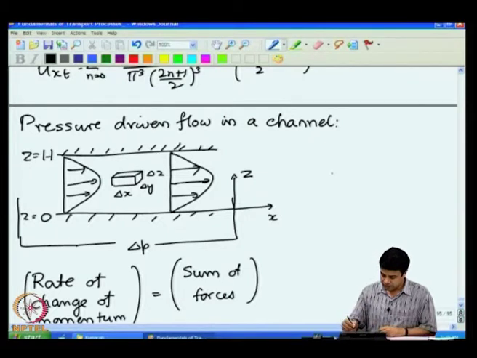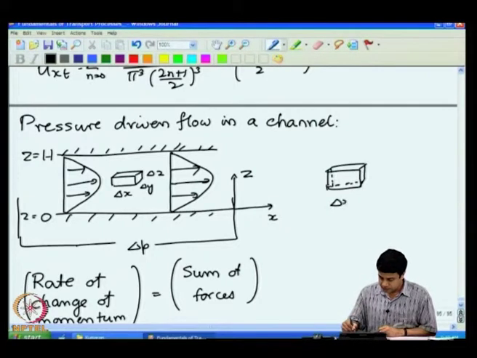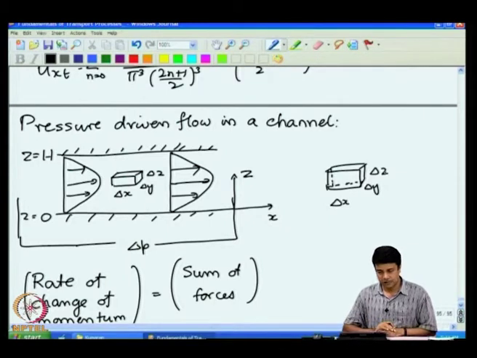So, if I take this differential volume delta x, delta y, delta z, the shear stress is acting in the x direction.